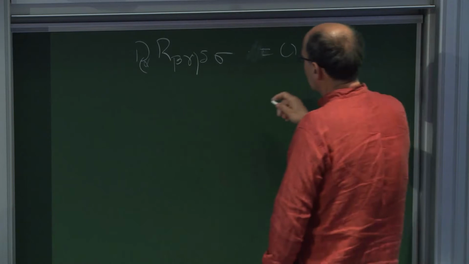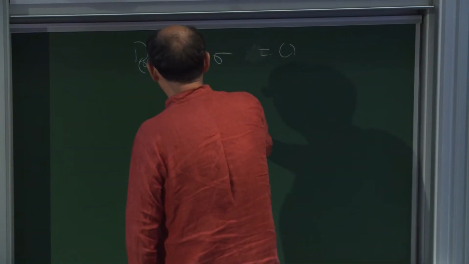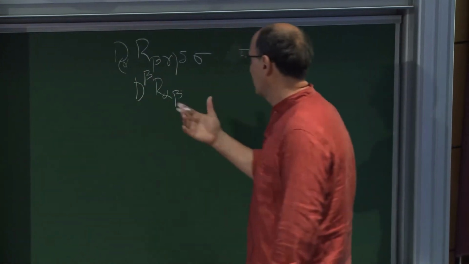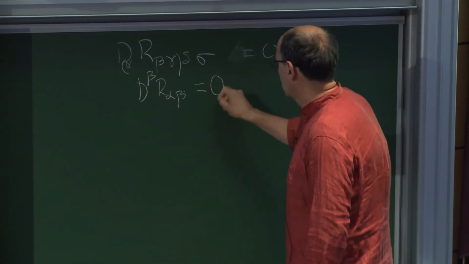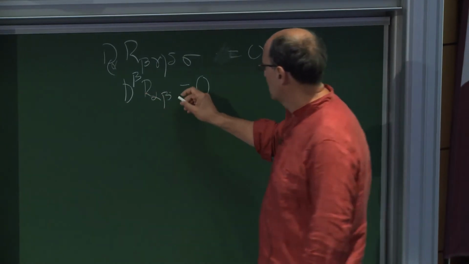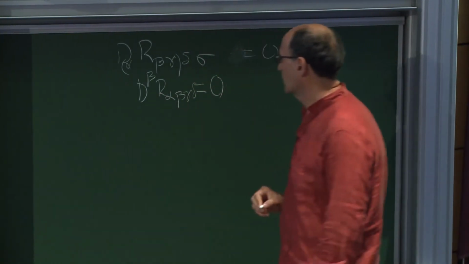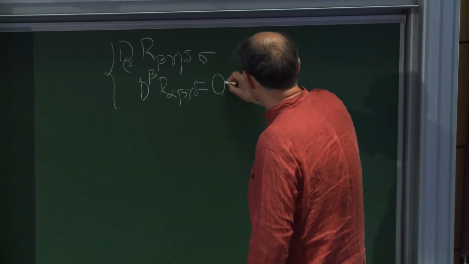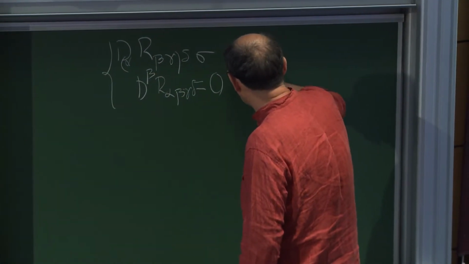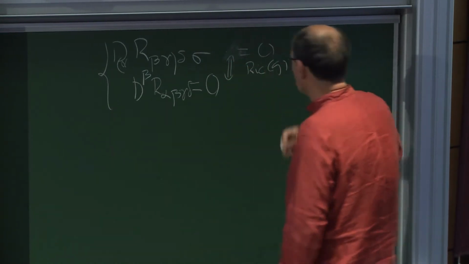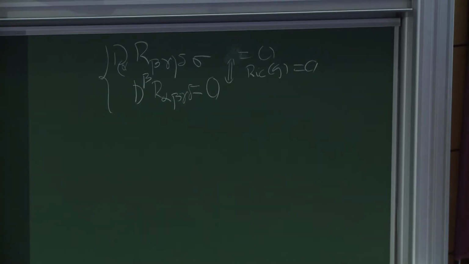And the fact that you also have this kind of divergence, so this is a divergence of R_{alpha beta gamma delta} equal to 0. This equation follows from this one. They are in fact equivalent if the Ricci of g is equal to 0, in other words, if we are in the vacuum Einstein equations, right?